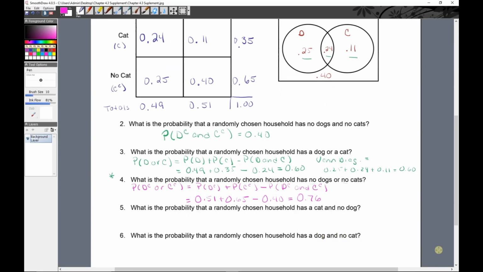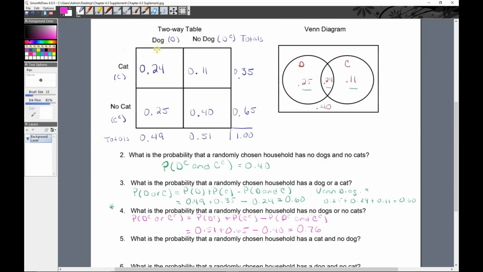All right, let's see what we have for the rest of these. What is the probability that a randomly chosen household has a cat and no dog? All right, cat and no dog. Let's get this back down where we can see it. Here is a cat and a dog. Here is a cat and no dog. So this will be the probability of no dog and cat, which is 0.11.